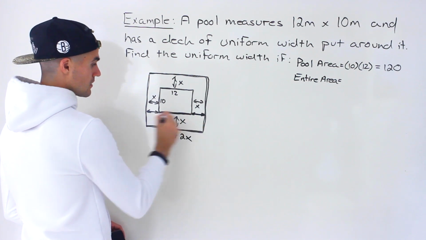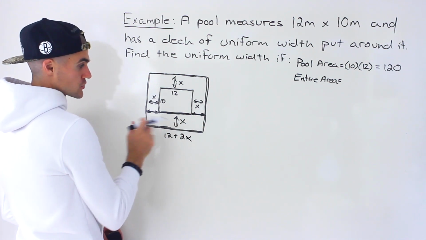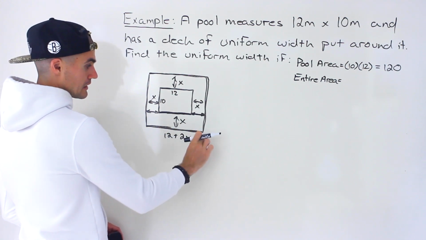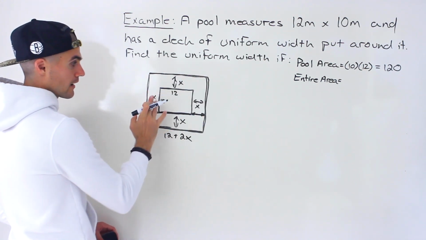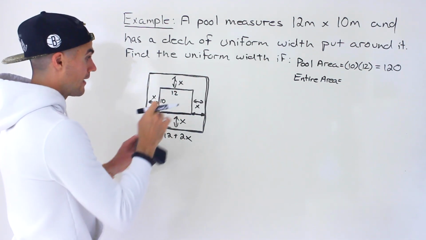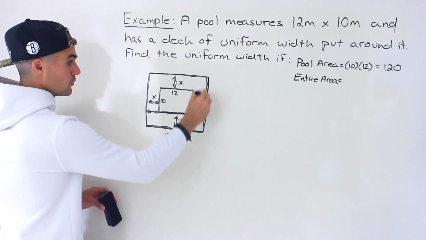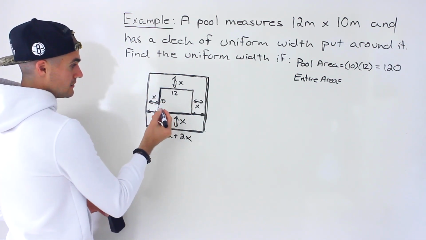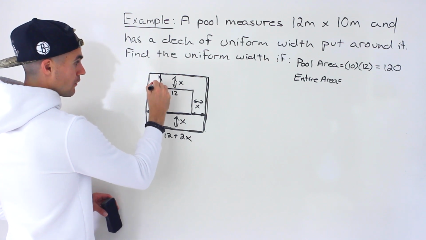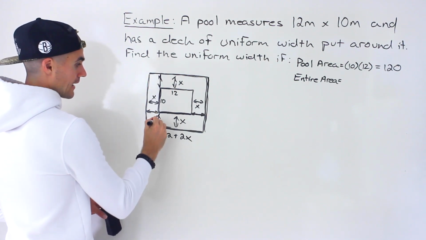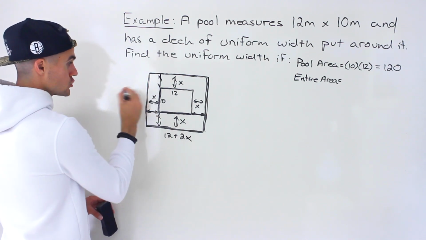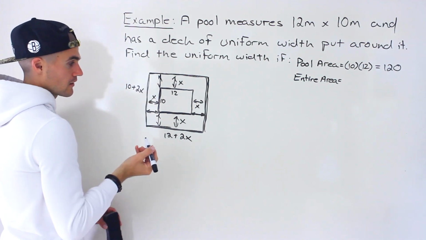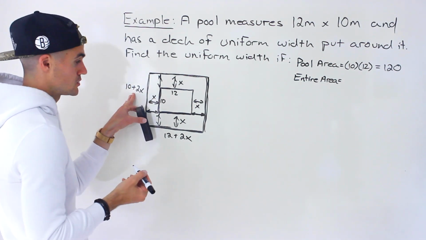That's going to be the length of this entire area that has both the pool and the deck. And then what about the width of it? Well, we know that this here is 10, and then we're adding another x and adding another x. So we're adding 2 x's to 10. So the width of the entire area is going to be 10 plus 2x.